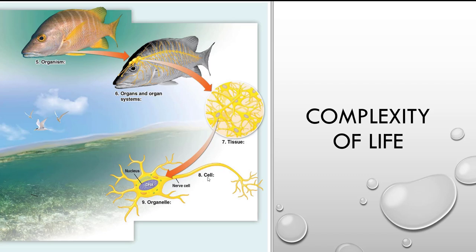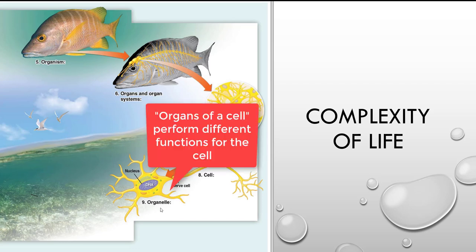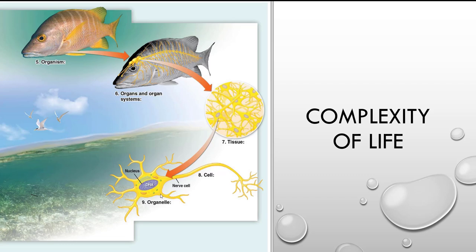So inside this cell, we can get even further. We can look at the organelles. So again, organelles, think of organs of the cell. Okay, so inside the cell, in some cells, we have little compartments that have different functions, such as the nucleus.